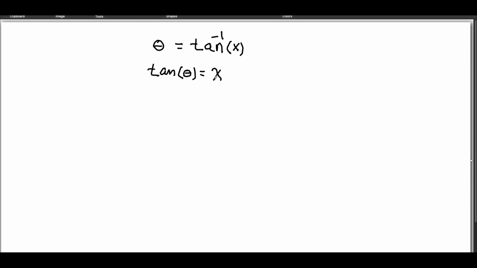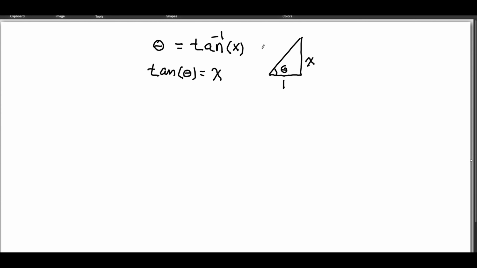So what we do is we draw the right triangle, and this was theta, and this was x, and that's 1.